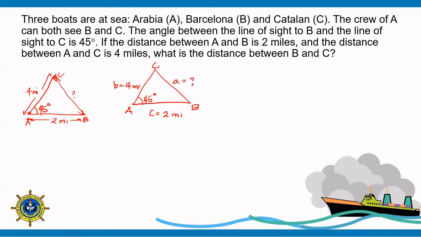Now, tingnan natin ang given natin, no? So sa given natin, given ka ng dalawang sides, okay, yung dalawang sides mo, and then you have the angle between them, which is angle A. So therefore, we can use the cosine law. So ang formula natin for the law of cosine, remember the letter can be changed. Okay, so pwedeng kahit anong letter yan, basta mahalaga, alam mo yung format ng pagsusulat niyan.